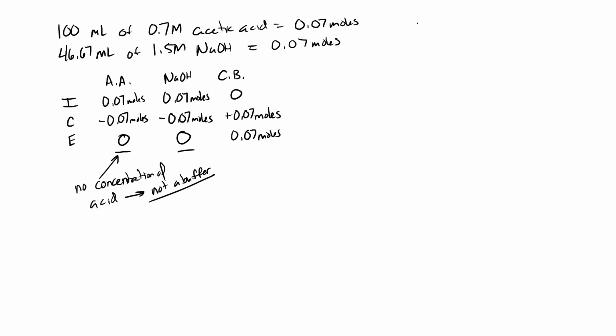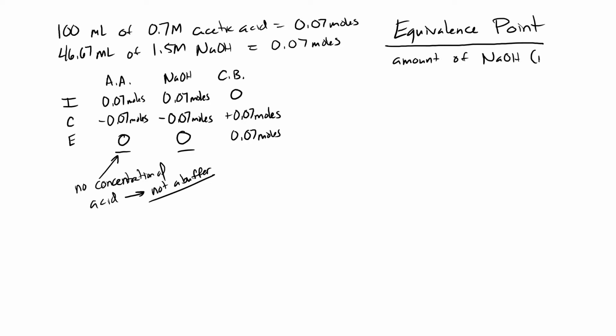And so when we reach the equivalence point, first of all, let's define the equivalence point. The equivalence point is where the amount of sodium hydroxide, and when we say amount, we're talking about moles, is equal to the amount of weak acid.